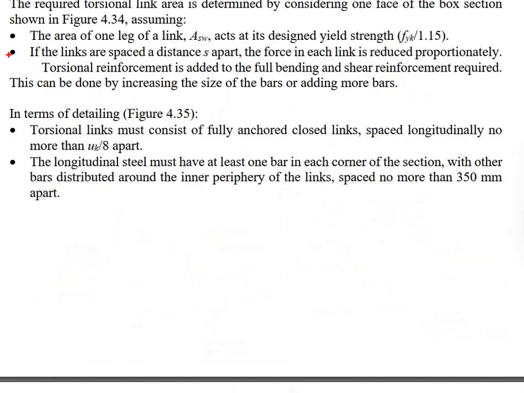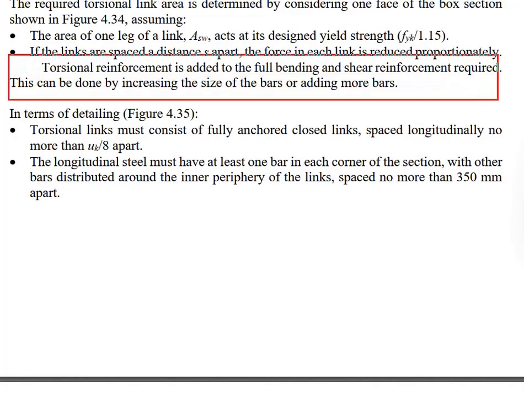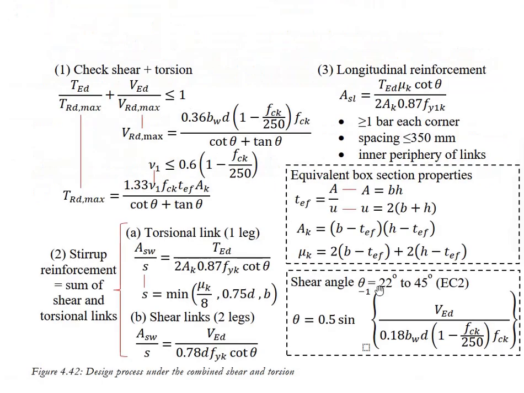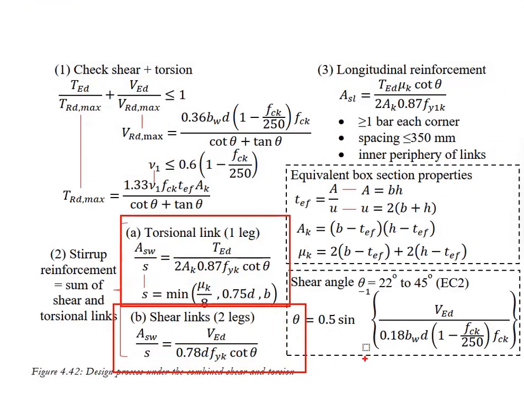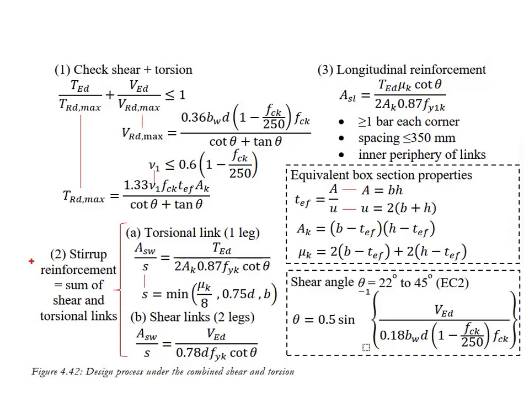We mentioned previously the principles of the design, where the torsional reinforcement is to be added to the full bending and the shear reinforcement required. That means you will need to design the torsional link and the shear link separately, and then the final reinforcement in terms of the link will be the summation of the two. Make sure you do a proper conversion in terms of the area.